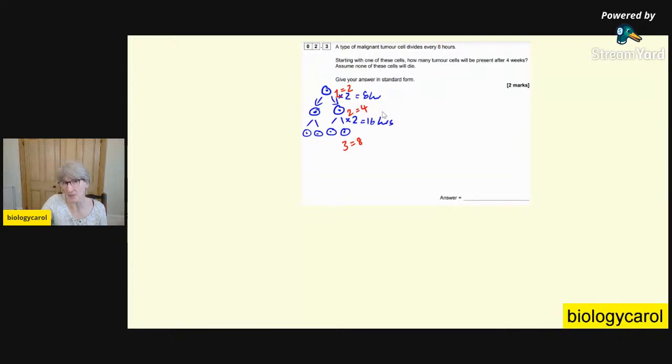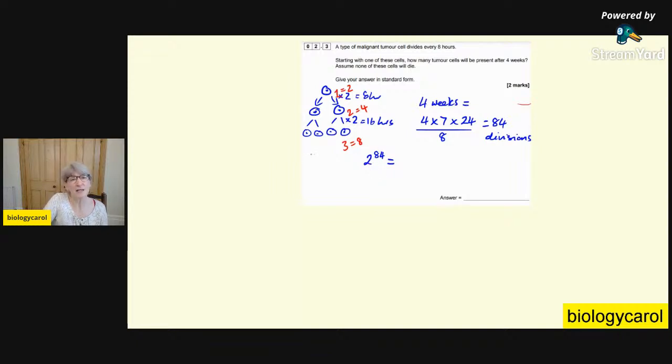Because that will tell me how many cell divisions have occurred. Work that out, and we got 84 divisions in 4 weeks. Now, for each division, you are doubling the number. So you are doing 2 to the power of 84.